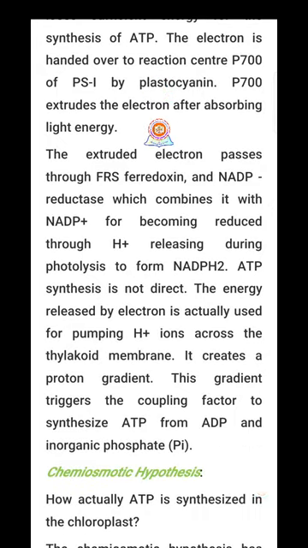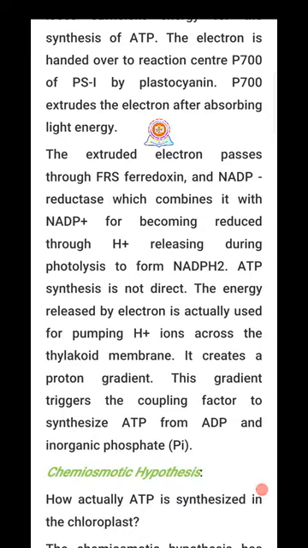The energy released by the electron is actually used for pumping hydrogen ions across the thylakoid membrane, and it creates a proton gradient.